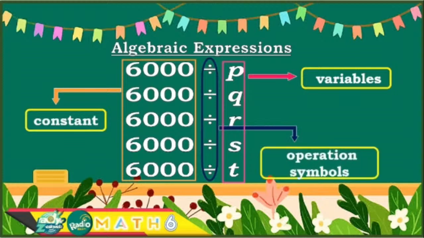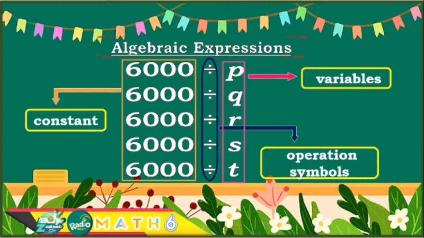Hence, with that idea, we can conclude that an algebraic expression is a mathematical phrase that uses variables, numerals, and operation symbols. At this point, let's hone your understanding by learning how to translate word phrases into algebraic expressions.